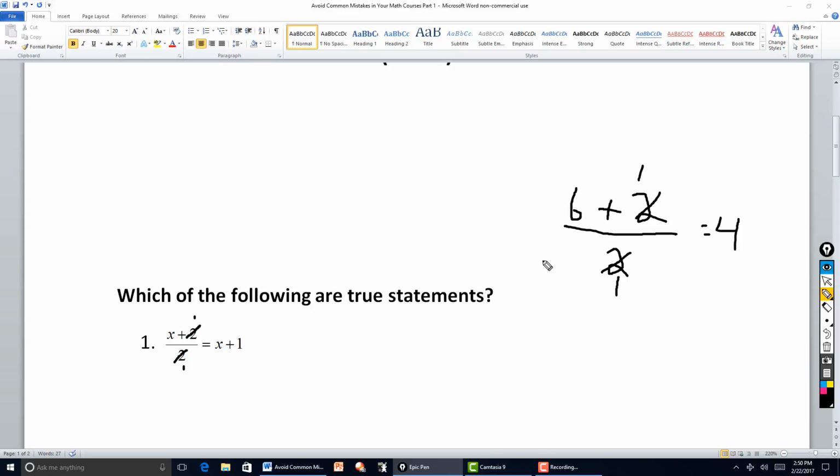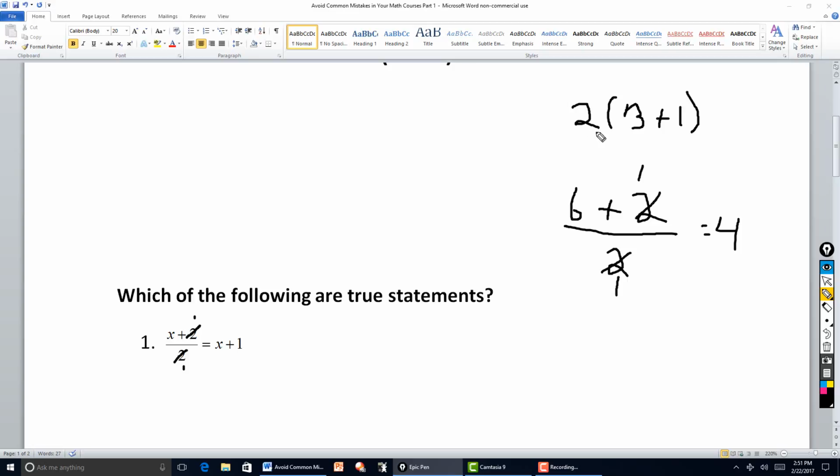If you wanted to, you could, for example, factor out a 2. So this becomes 3 plus 1 times 2. That's the same thing.